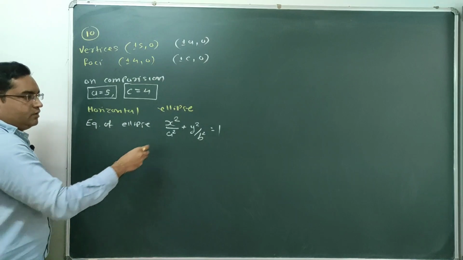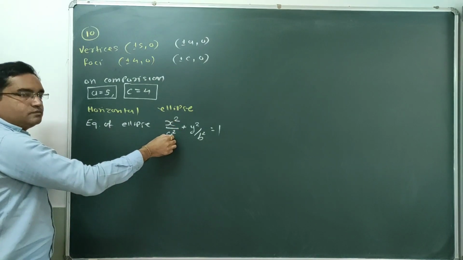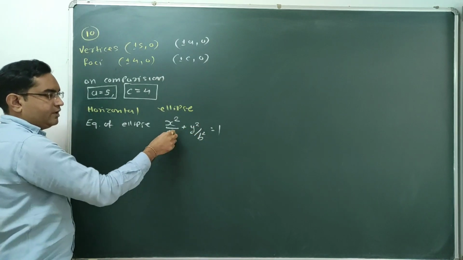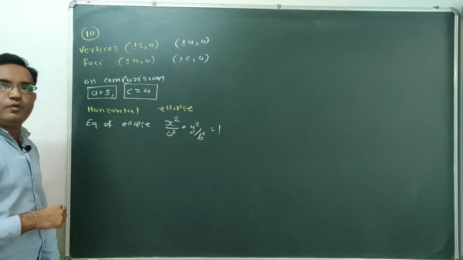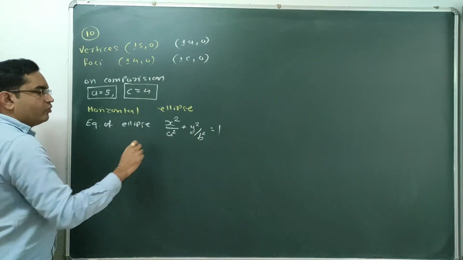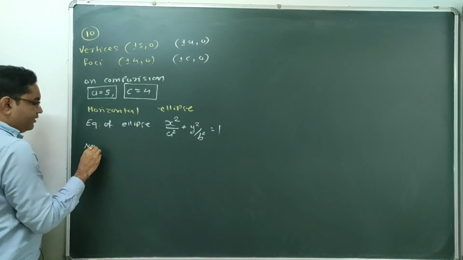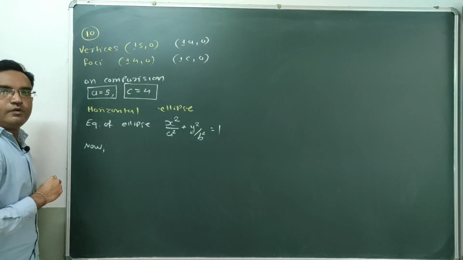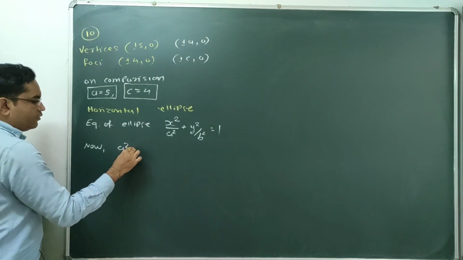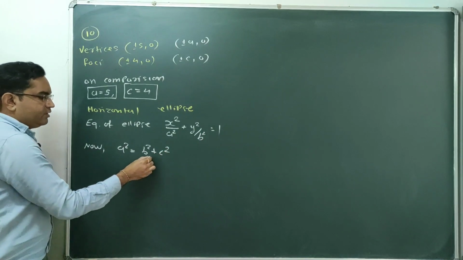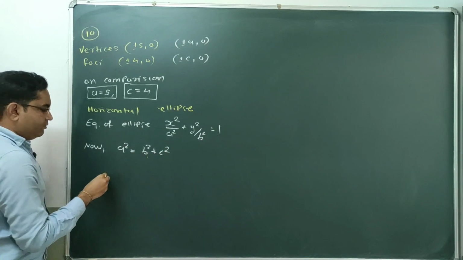The denominator of x square is a square and the denominator of y square is b square. Here we require the value of b. For that we have one equation: a square equal to b square plus c square. By using this formula, we can find the value of b square.